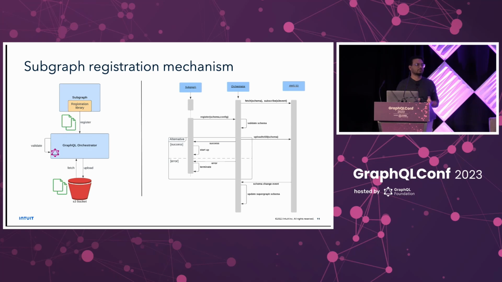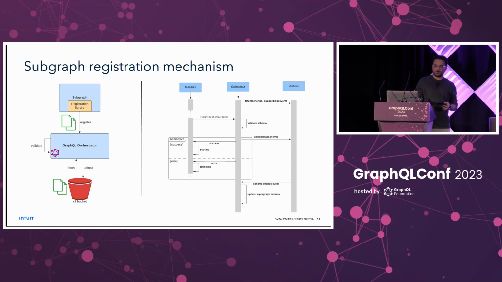Now you'll be wondering that failing a startup for a subgraph might be too severe or drastic a measure to take, but this actually helped us catch a lot of issues early on in the life cycle of the schema development, because failing startup means it also failed for local development when the developer is working on the schema and making schema updates. So any schema composition issues while the developer is working, we were able to catch, they were able to fix it, and we hardly saw any issues when the service is deployed on the actual environment. Most of the issues were caught in the local development, right?